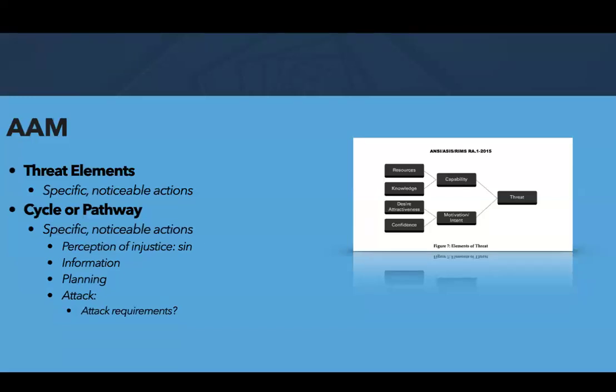Okay. With those anomalies, what we start to look for very specifically are threat elements, these very specific noticeable actions. Depending on what method you use, this could be a cycle or some sort of pathway for the adversary. And these are very noticeable actions that they're going to take.